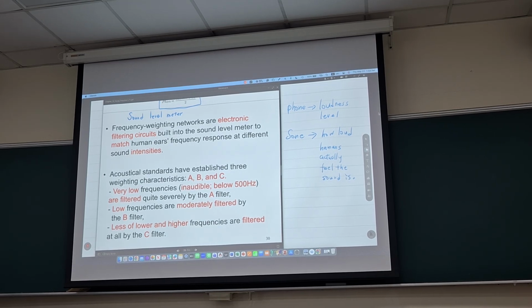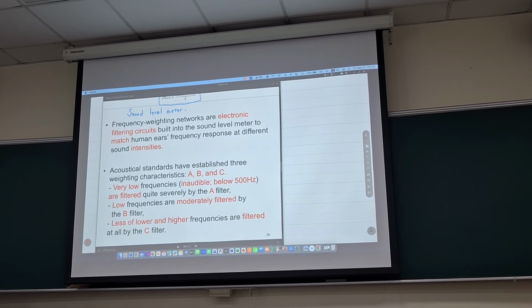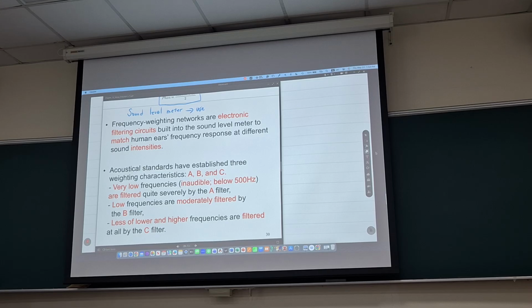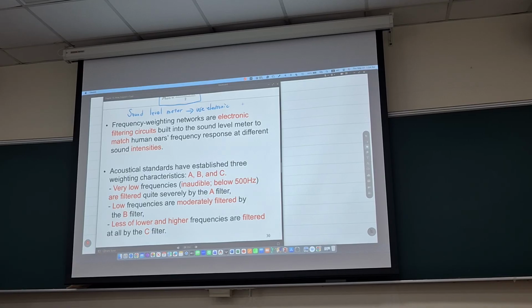This kind of sound level meter uses electronic filters to imitate human hearing.